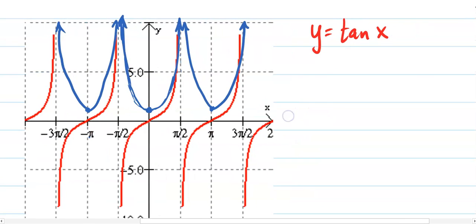And so the question now becomes, well, what's this function? What does this series of U-shapes represent? And some of you might recognize, well, this kind of looks like a secant graph or a cosecant graph. Those are the ones that generated these U-shapes, but in a secant and cosecant graph, we ended up having alternating U-shapes, so some that pointed up and then some that pointed down.